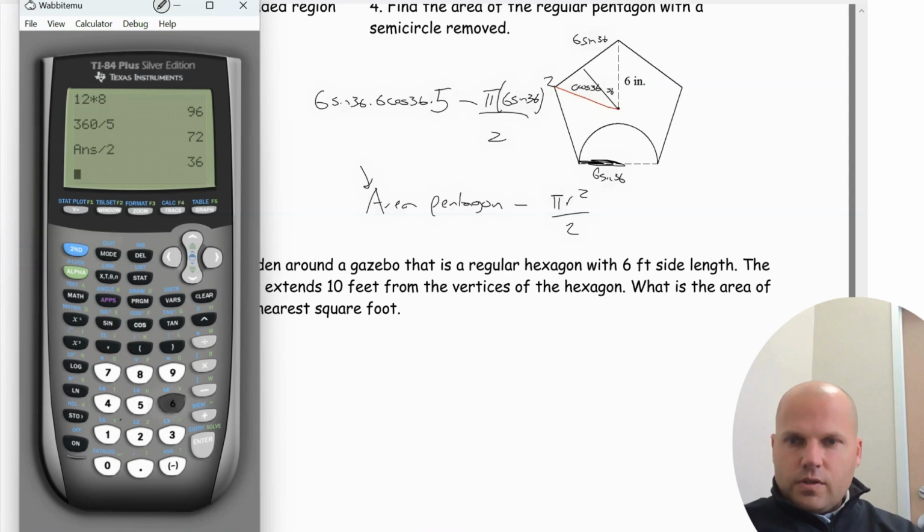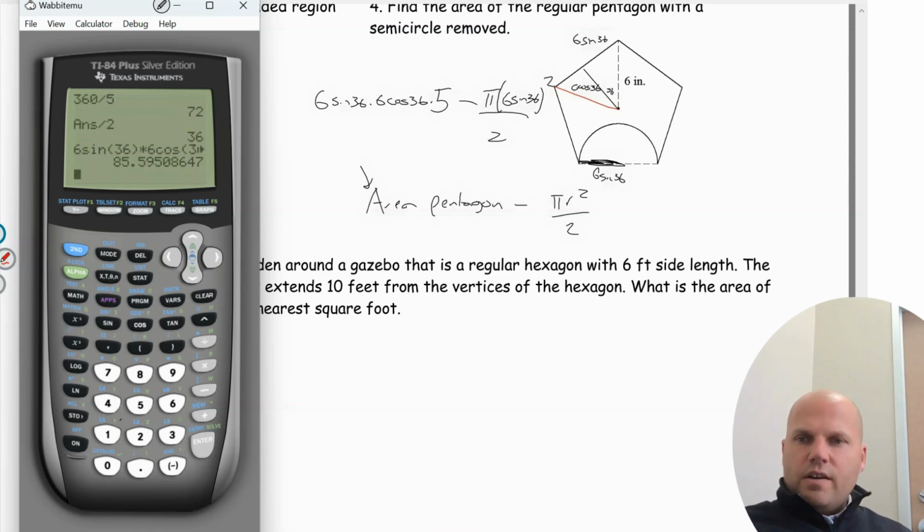6 sine 36 times 6 cos 36, 5 times, is the area of the pentagon. R squared. Use parentheses, or do it one step at a time.